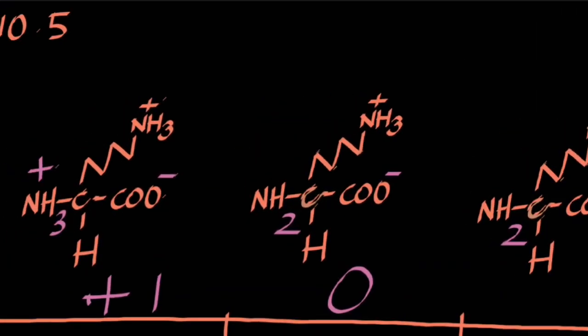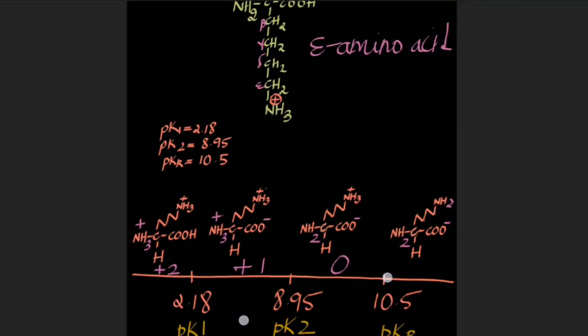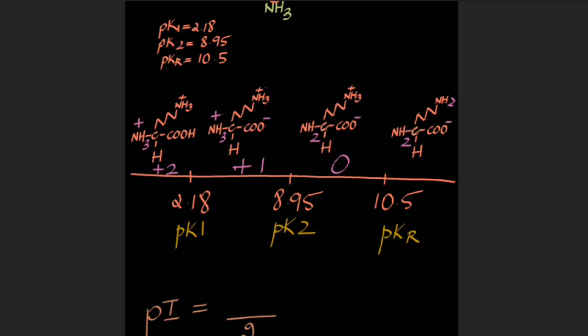This will have 2. I'm going to write it with pink. So this is going to be 2, right? So now what is the net charge? It is -1, right?